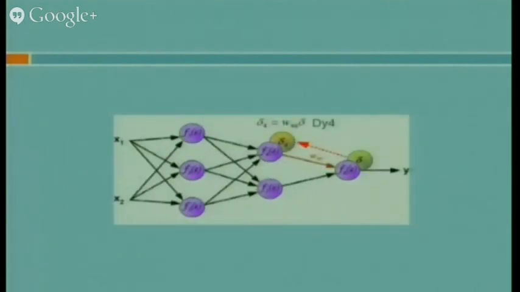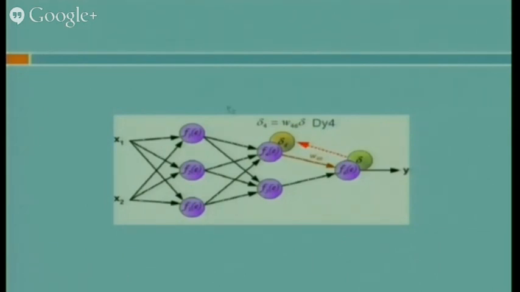Delta 4. We are at the fourth neuron, we will have delta 4, which is equal to delta into W46. When we were coming in the forward direction, the signal was being multiplied by the weight. Similarly, when we are going backward, the delta will be multiplied by the weights.